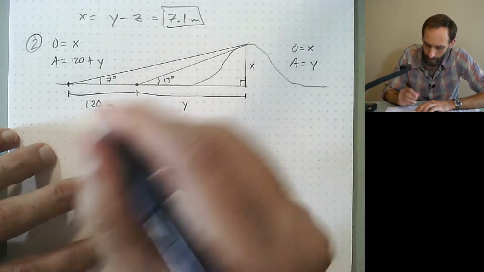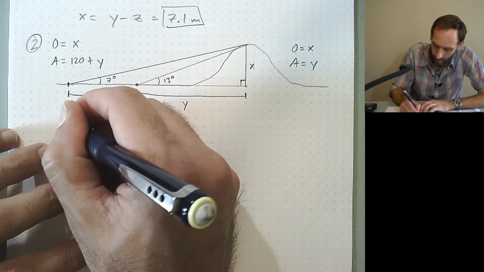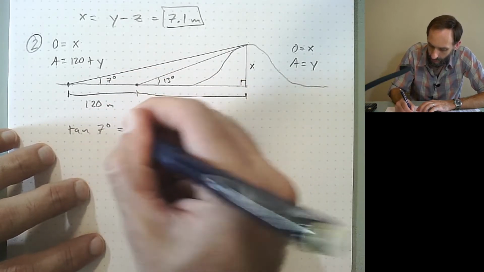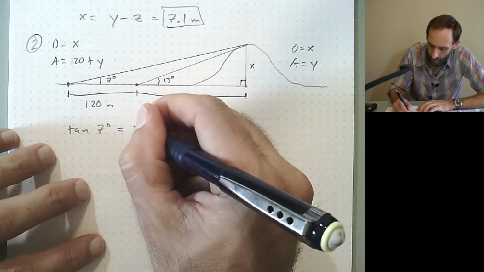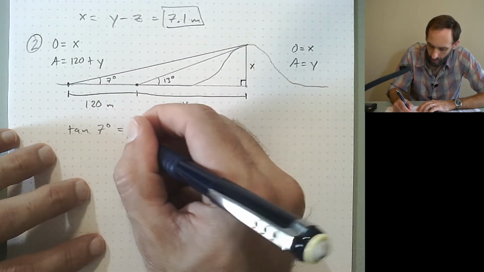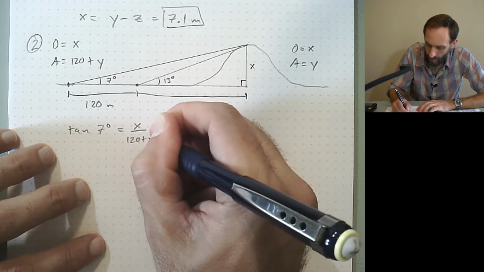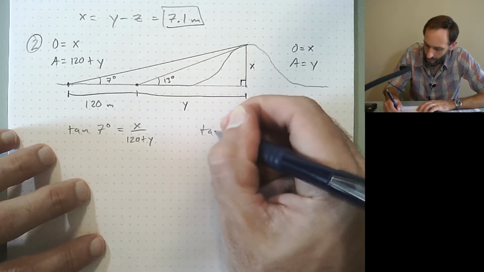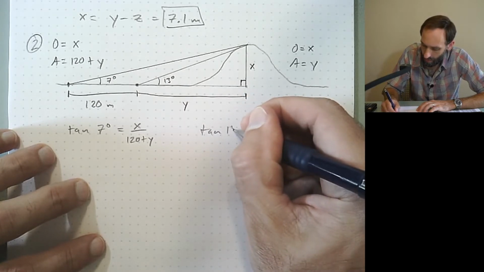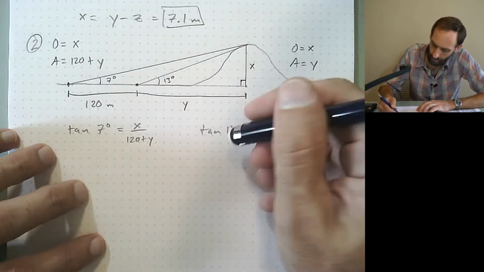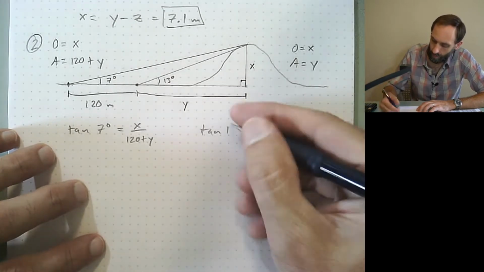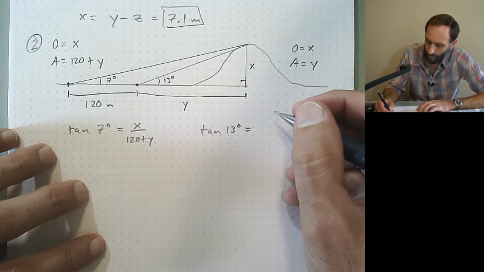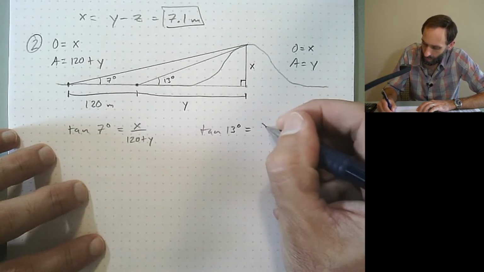So what that means is that the tangent of 7 degrees is equal to x over 120 plus y. And the tangent of 13 degrees is equal to x over y.